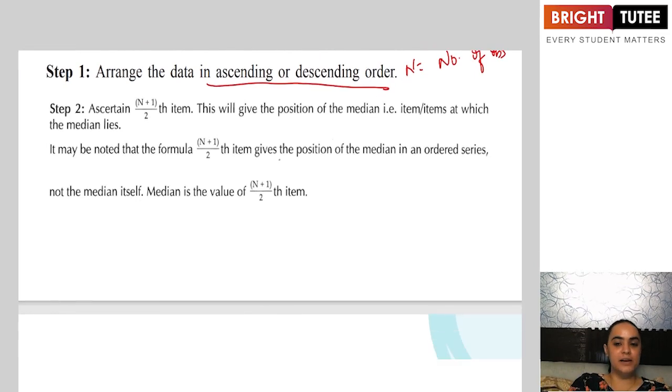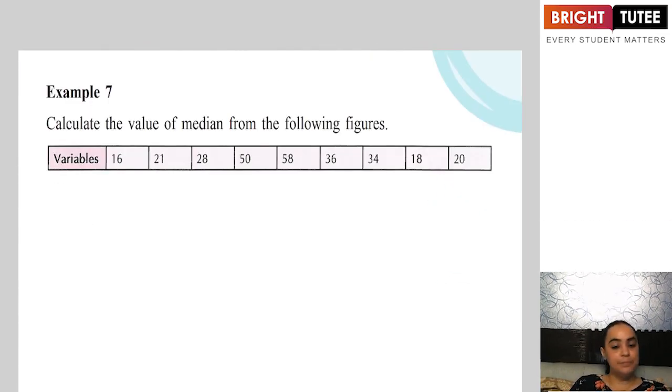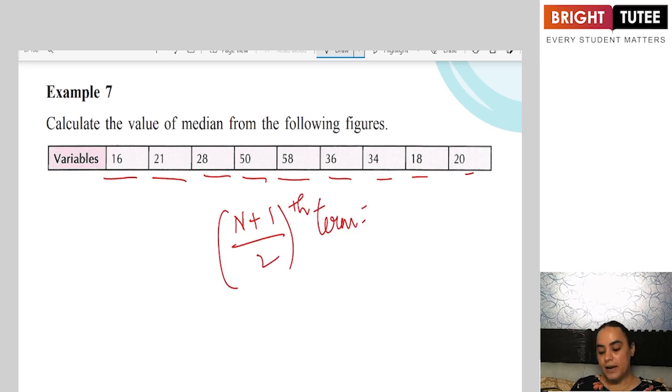For example, let us look at the example given here. This is the data which is given to you. 9 numbers are here. So I will first have to calculate the n plus 1 by 2th term. My n is 9. So 9 plus 1 by 2th term.